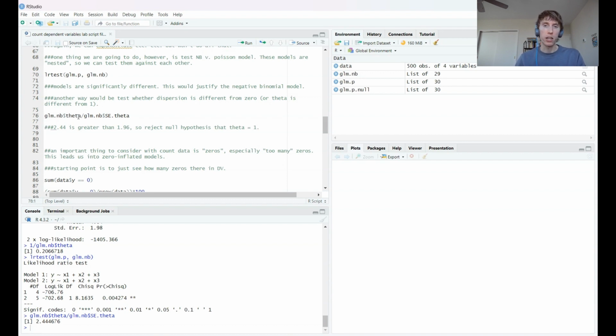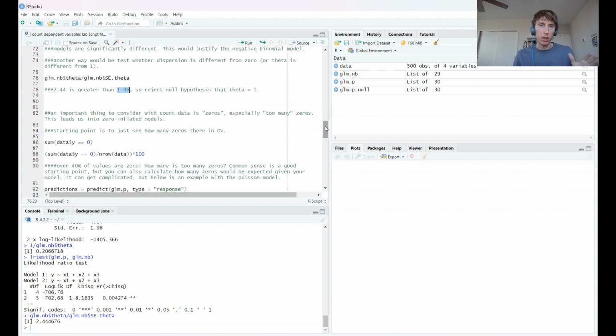So here I just took theta divided by the standard error, and potentially you treat it as a z or a t. I'm going to treat it as a z in this case, and we can compare it to a critical z-score. And then this one's bigger. So basically we'd reach the same conclusion, again, that it's meaningful to add that dispersion parameter and use the negative binomial model.